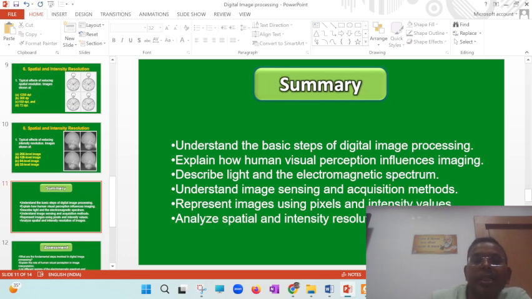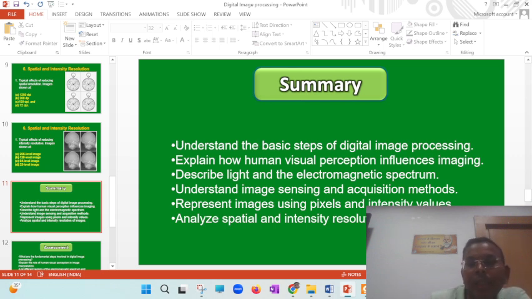The summary is that we understood the steps of image acquisition, how an image is represented, and the different processes for image processing. We explained how human eyes work, what visual perception is, and how light is accepted by the iris, lens, and cornea, working like a camera.